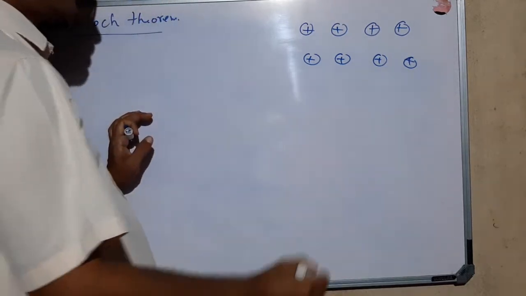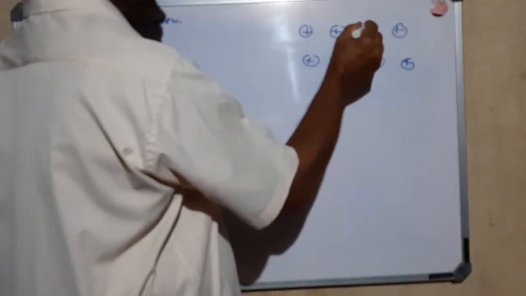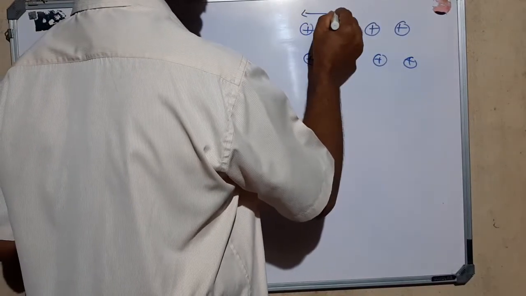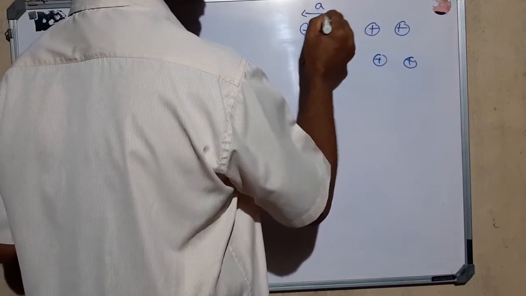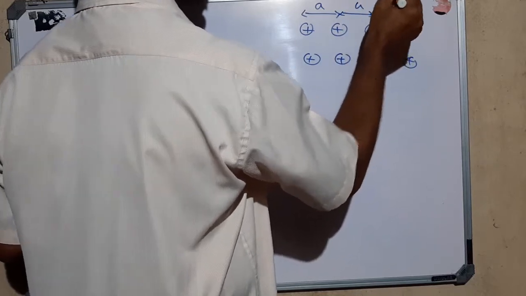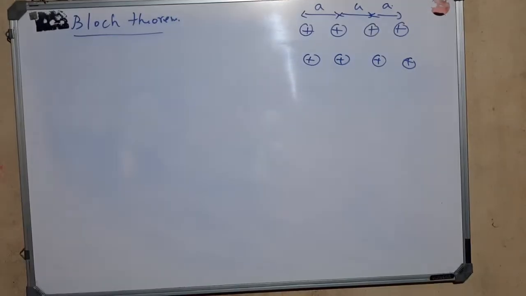So let us consider these positive ions are placed at regular intervals, that is, with the periodicity equal to A. That is here A, this is A, this is A, and so on. Right.